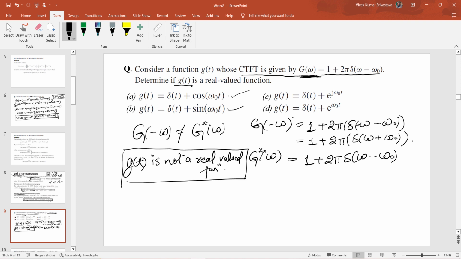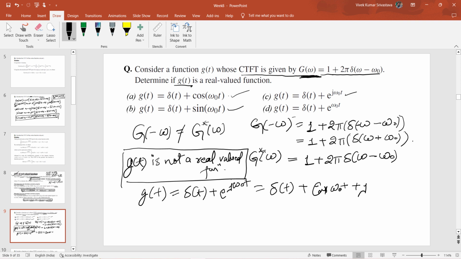Now if we go to the third option, G of t is delta t plus e raised to the power j omega naught t, so we can simplify it as delta of t plus cos of omega naught t plus j sine of omega naught t.